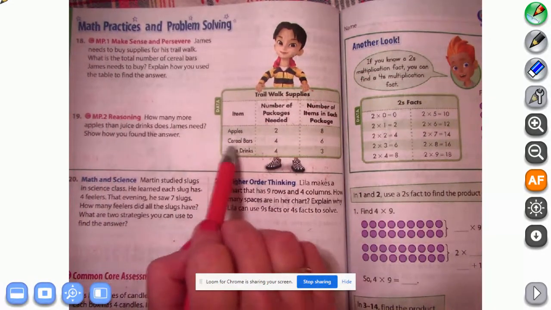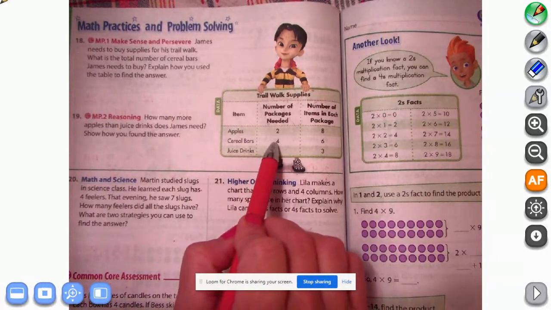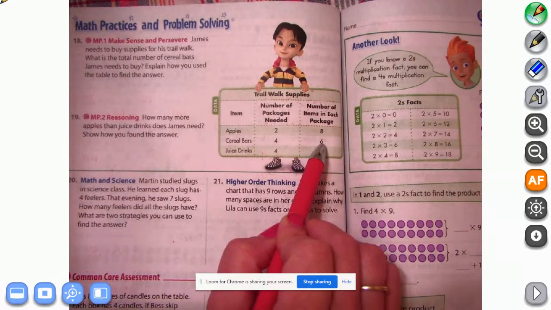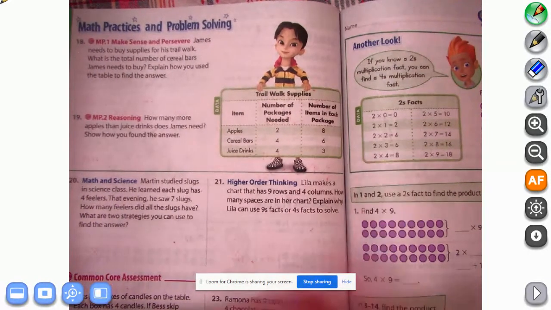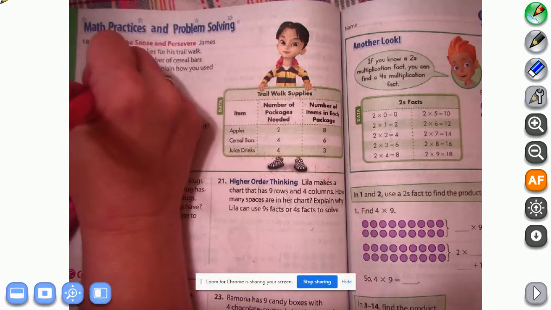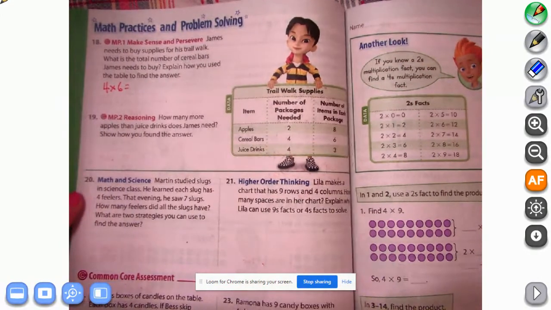Okay, cereal bars. 4 packages are needed, and there are 6 in each package. Okay, so we're going to take this over here and write down 4 times 6. Now I want you to break that 4 down into a 2.